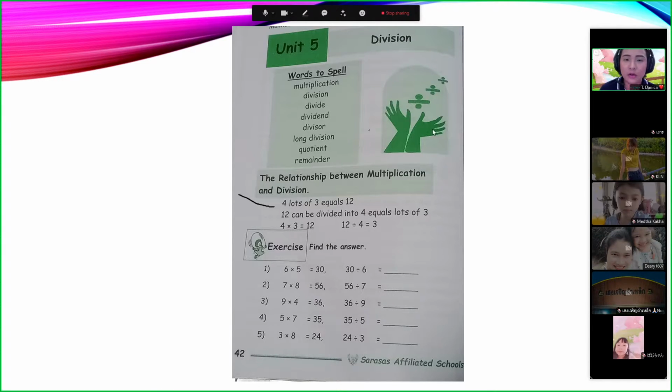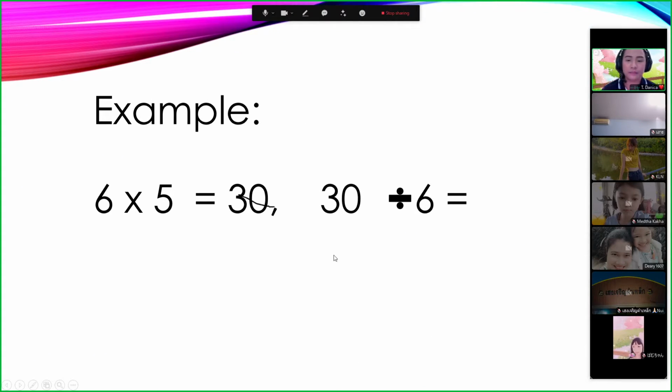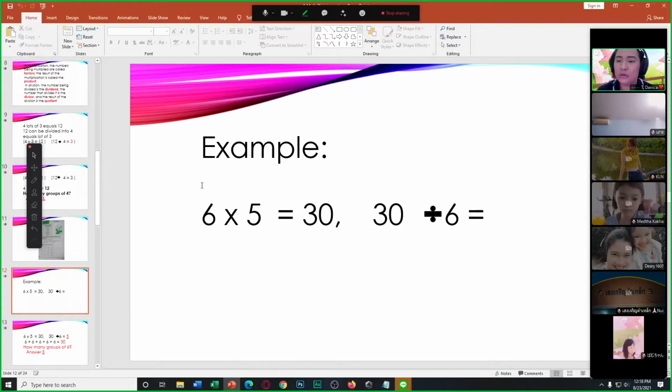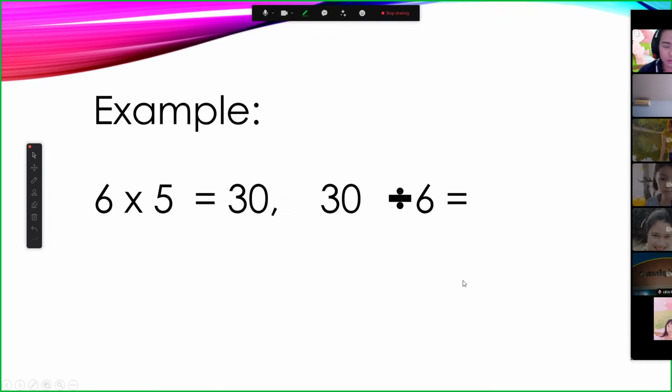All right. For division, page 42, look at number 1. For number 1, it looks like 6 times 5, right?